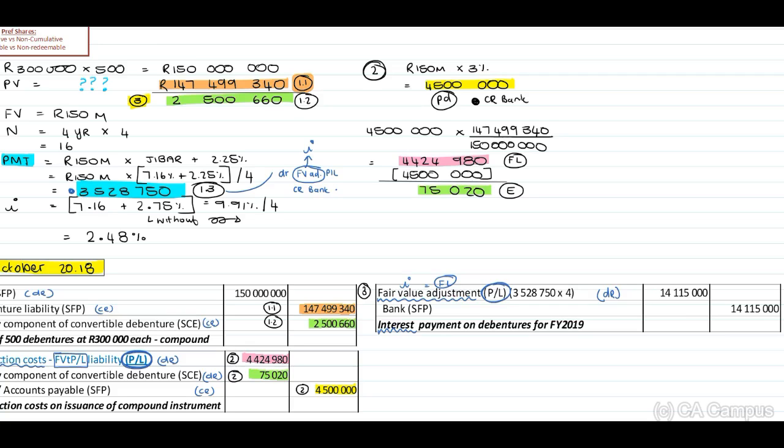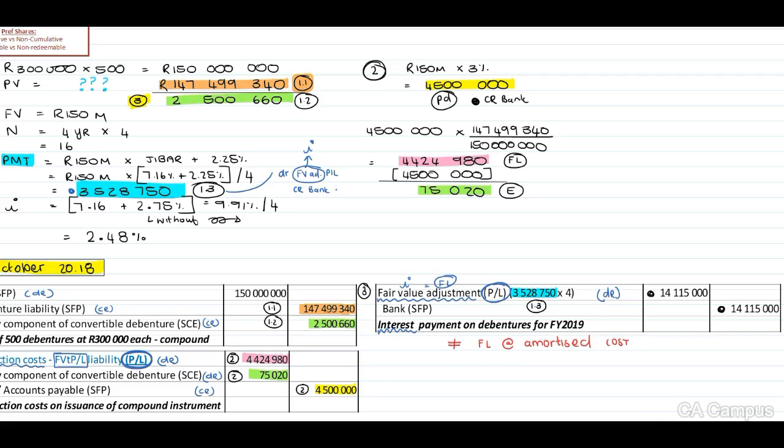And the solution, therefore, 3,528.75, this is included in my calculation, 1.3 times 4, and this will be my payment, 14.1 million. Identify that this is not the same as your financial liability at amortized costs.